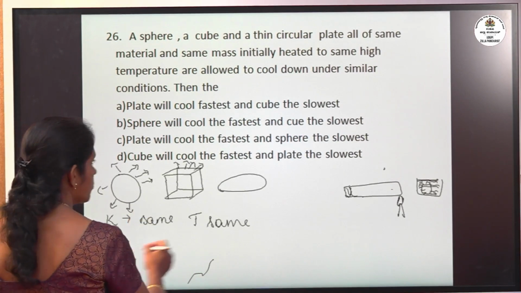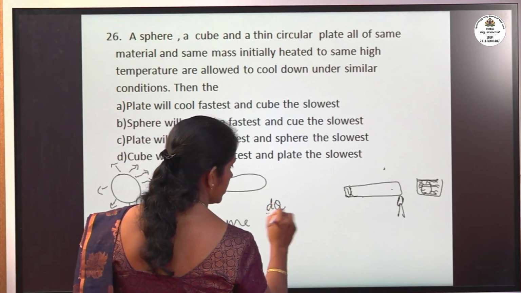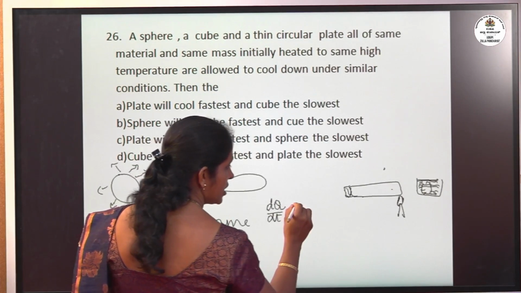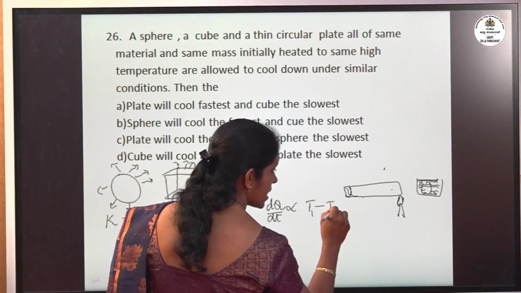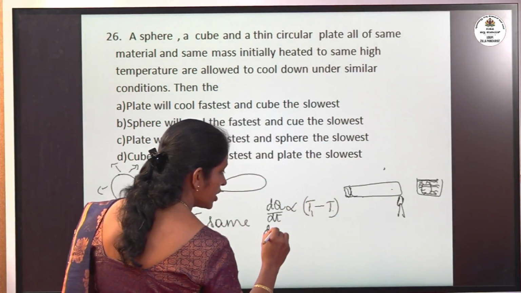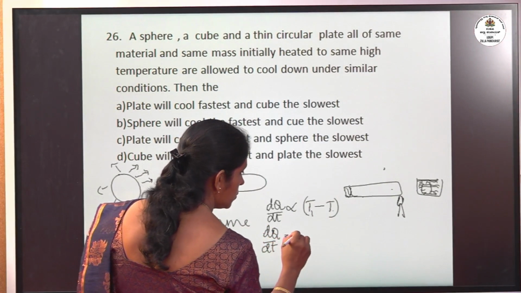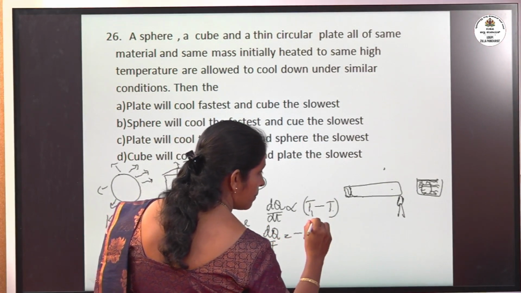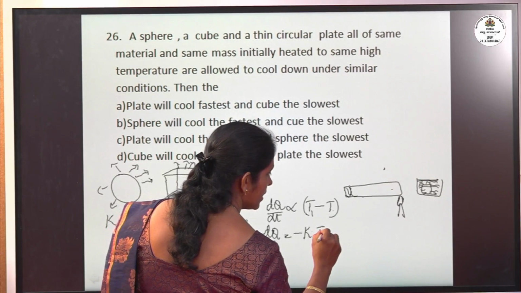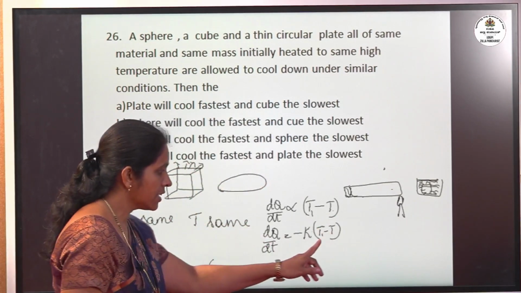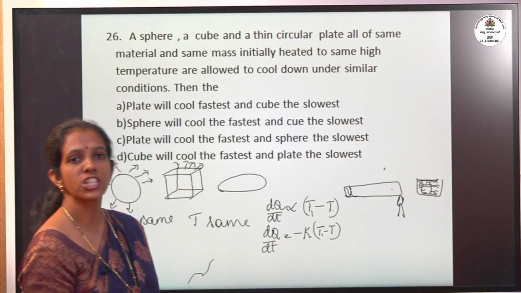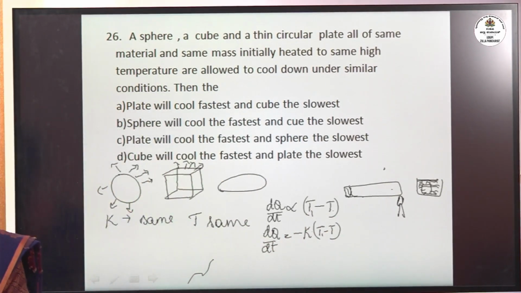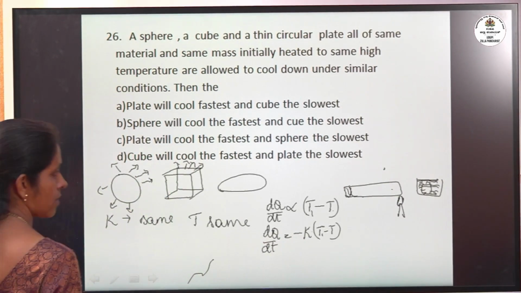According to Newton's law of cooling, rate of cooling dq by dt is proportional to the temperature difference between system and surrounding, or dq by dt is equal to minus k into the temperature difference between system and surrounding. Here T1 is the temperature of the system, T is the temperature of the surrounding, k is a constant of proportionality. This constant depends on the nature of the material and area of the surface.